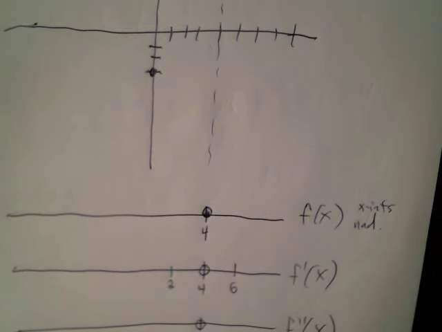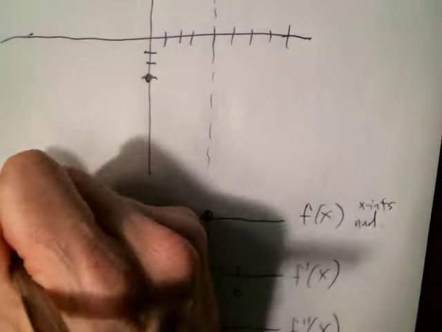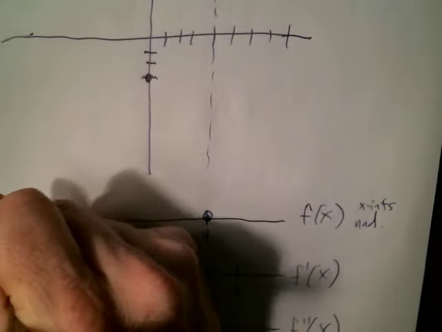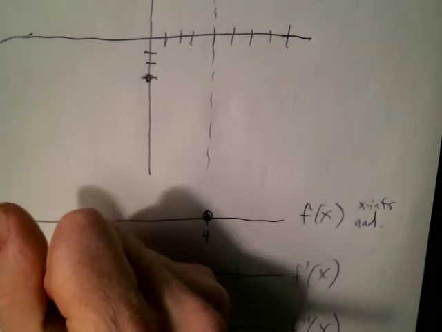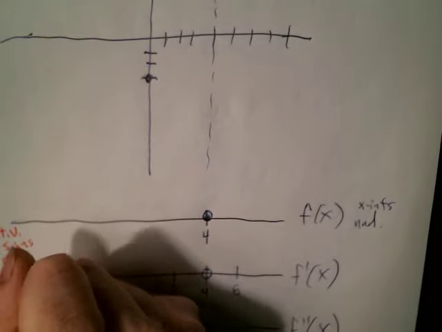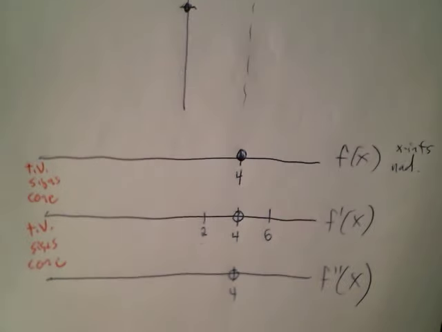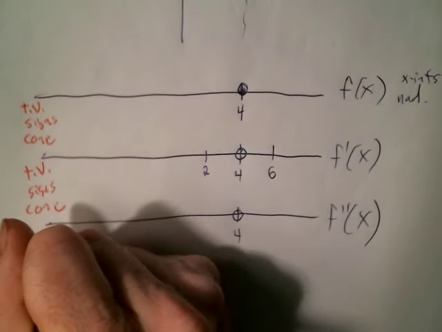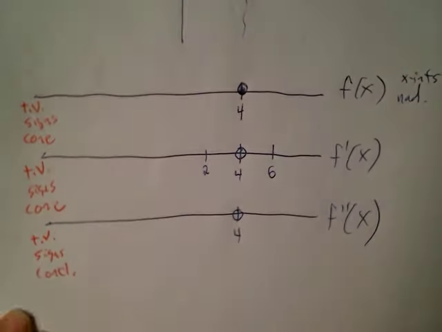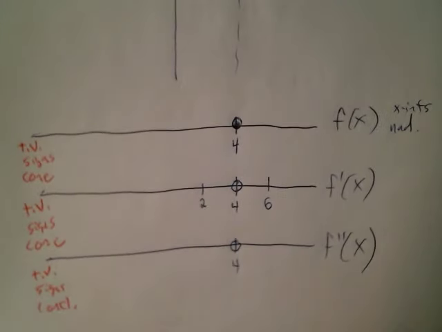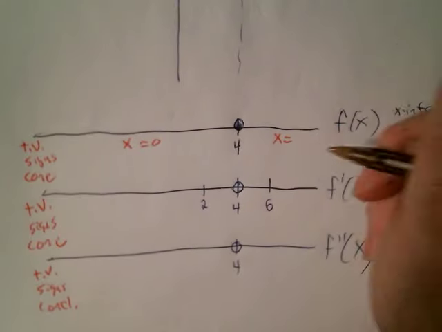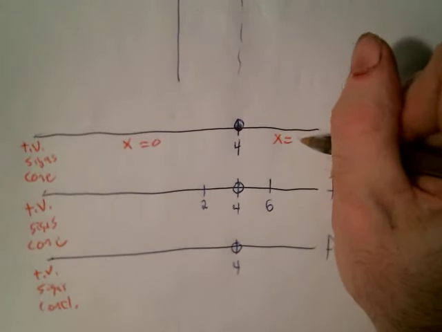Okie dokie. So we need, again, our test values, our signs and conclusions on each interval. For the actual function itself, let's pick x equals 0 and then x equals, I don't know, 6.